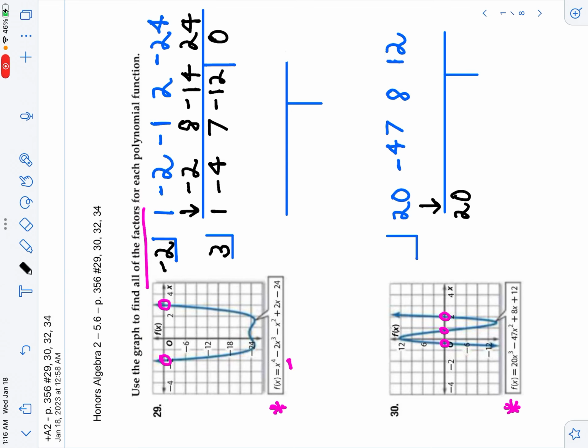So now, rather than writing that all out in polynomial function form as 1x cubed minus 4x squared plus 7x minus 12, I'm just going to do a second synthetic division, and I'm going to use my other zero now of +3. And remember, when I do this, I need to bring the 1 below the line. 3 times 1 is 3.